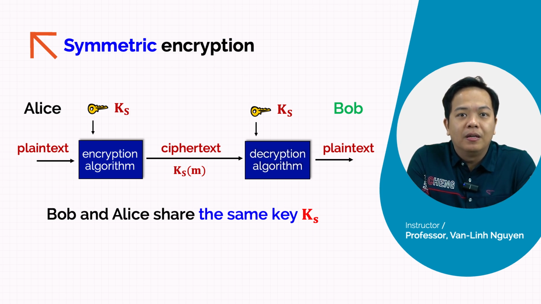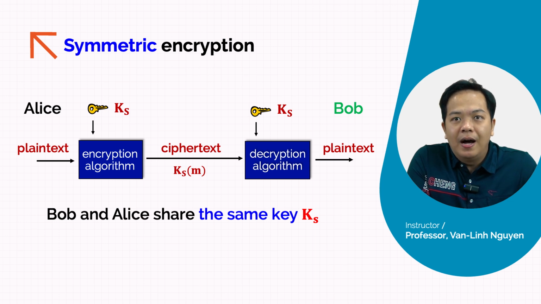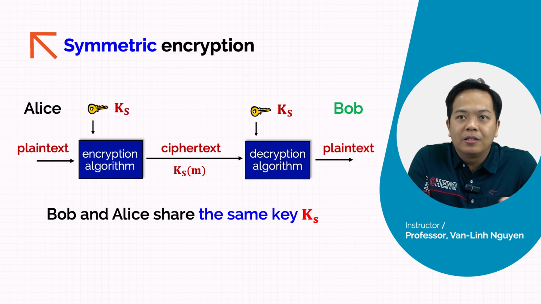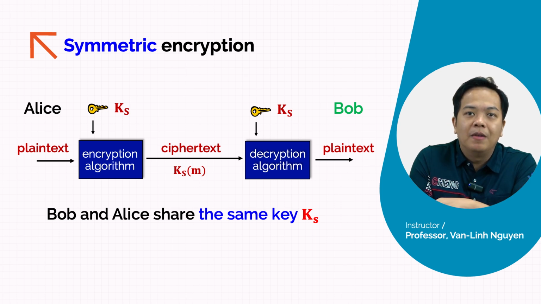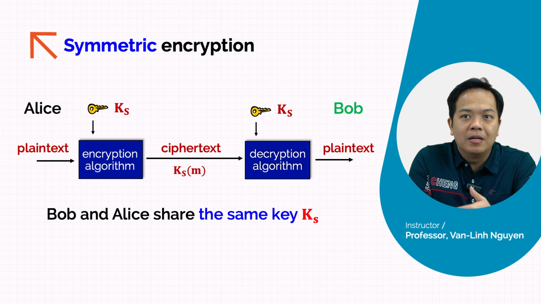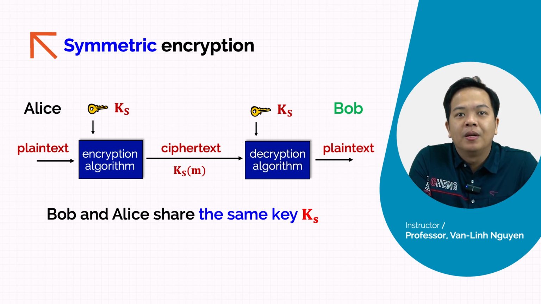That's the key point, okay? If you see on the screen, Alice and Bob use the same KS. Using KS on the plaintext gives the ciphertext, and using KS on the ciphertext gives the plain text again. So we use just one key.